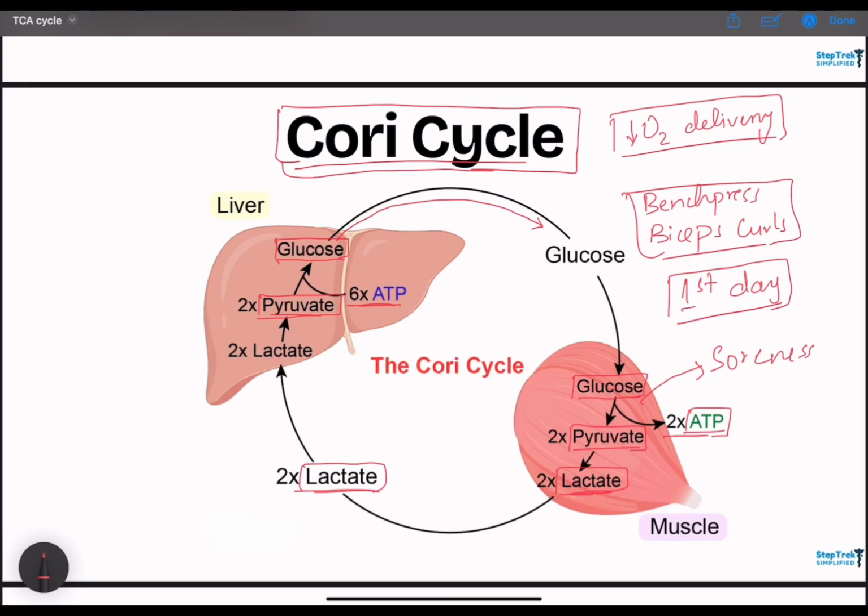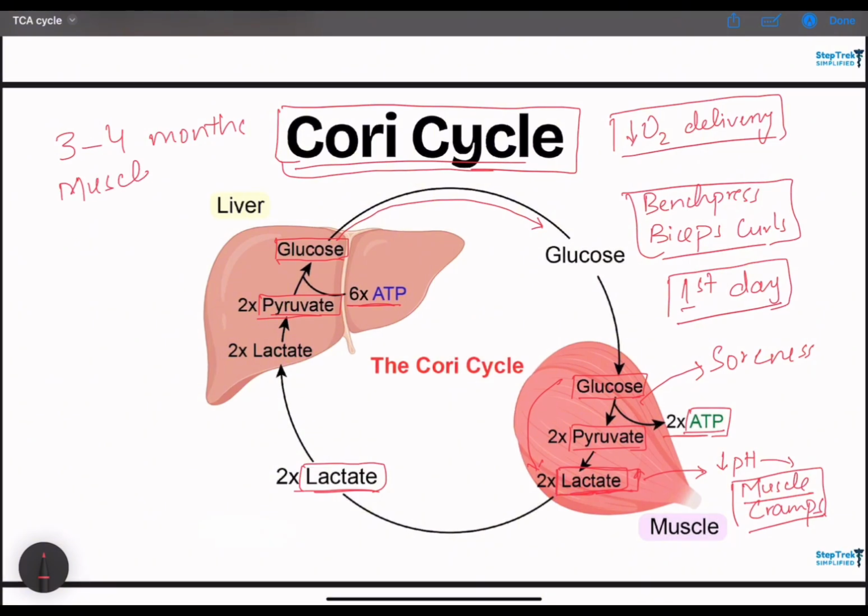This soreness is due to the accumulation of lactate, because the muscles have performed the Cori cycle. The lactate decreases pH, and this decreased pH causes muscle cramps. And why do the muscles initially perform the Cori cycle, while after going to the gym for 3 to 4 months, the muscles don't feel sore? The muscle soreness is absent.